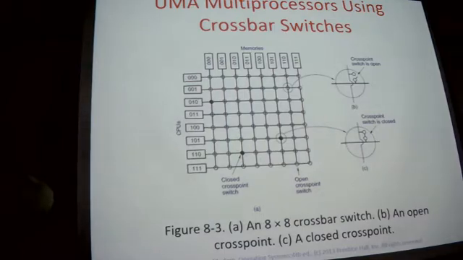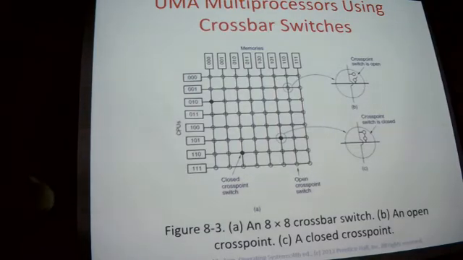We can see that we use a crossbar to connect different memories and different CPUs. In fact, at each crosspoint there is a cross-point switch. We use this switch to control whether a CPU can read data from a memory. This switch can be open or closed.